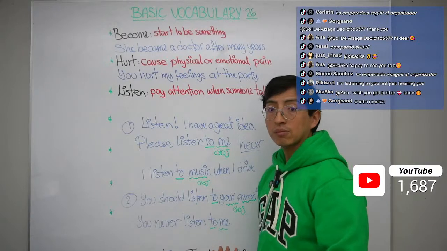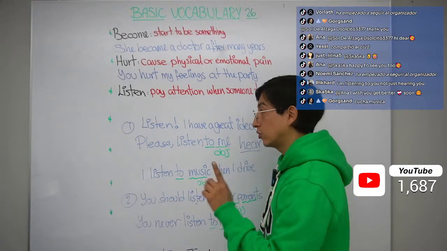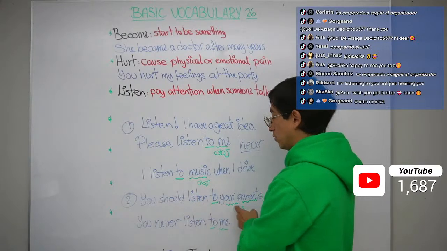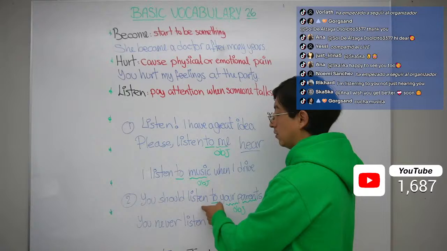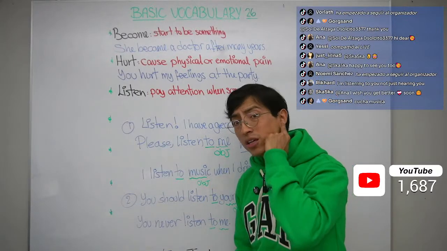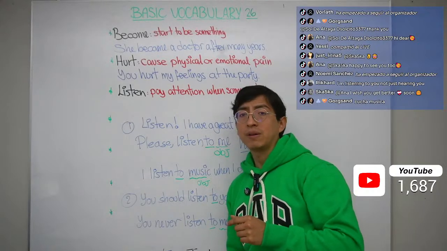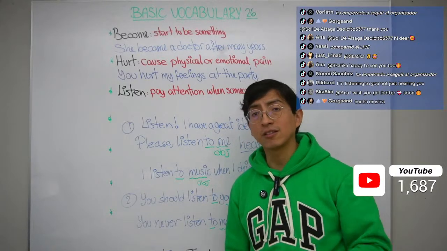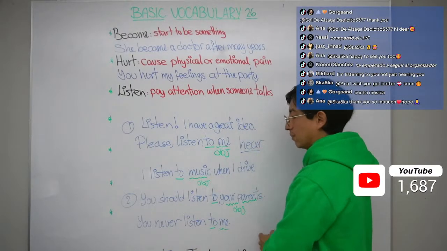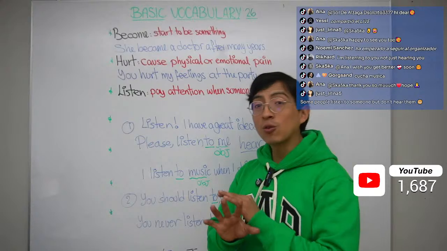Ahora, escuchar no solamente es prestarle atención, sino también obedecer. You should listen to your parents. Tú tienes que obedecer o escuchar a tus padres. No escuchar de oír, sino de prestar atención, de hacerles caso. O en este otro caso: You never listen to me. Tú nunca me escuchas.